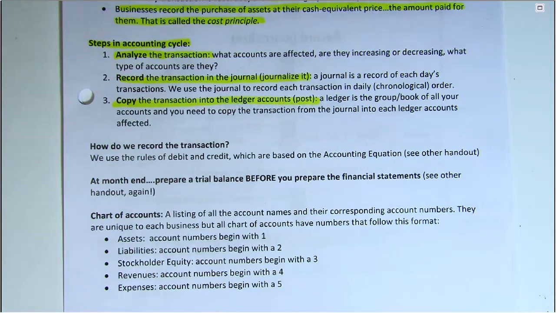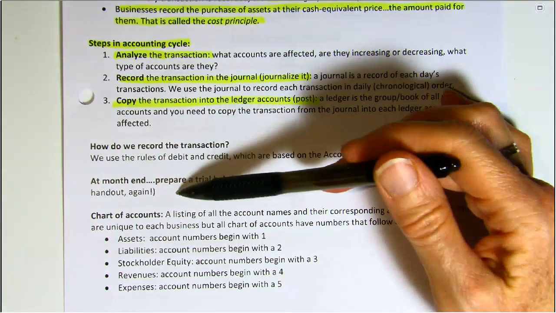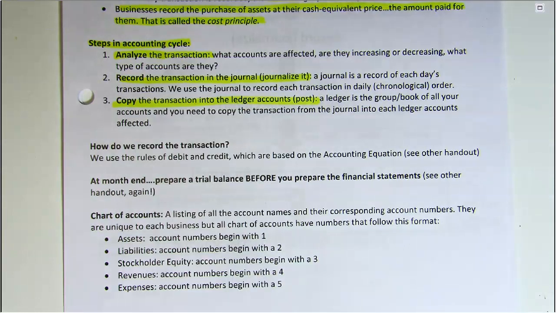In every company in the United States, there is a chart of accounts, a listing of account names and corresponding account numbers. And we'll show you how we use those account numbers when we do analyzing, recording, and copying in just a few minutes. But lots of things have numbers to represent them.